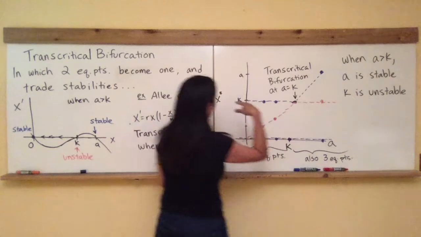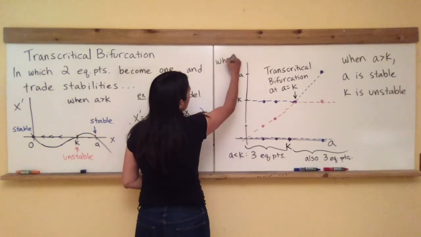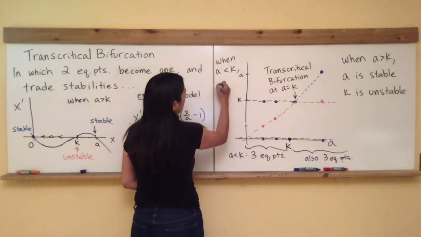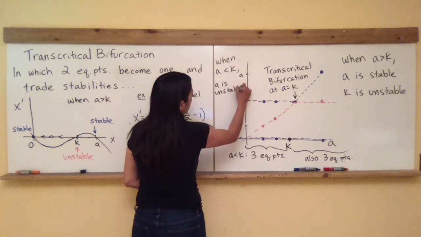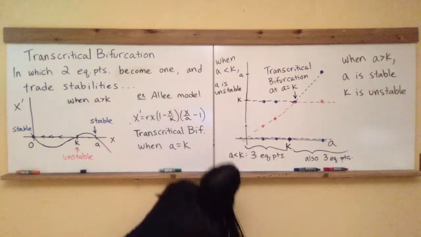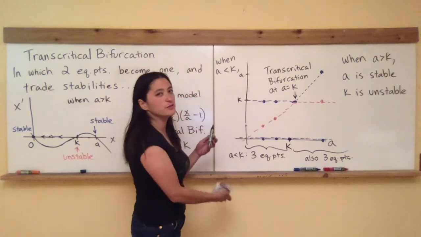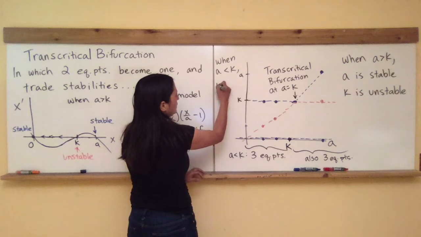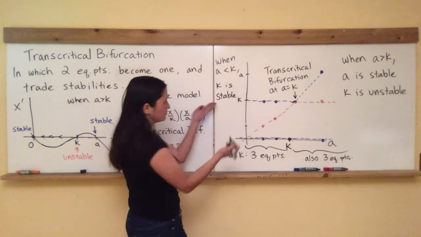On this side of the line over here, when A is less than K, A is unstable. Actually, I'll write it the other way. K is stable and A is unstable, because the K comes first when A is greater than K. So on this side of the line over here, K is stable. That way it lines up with what I'm saying.